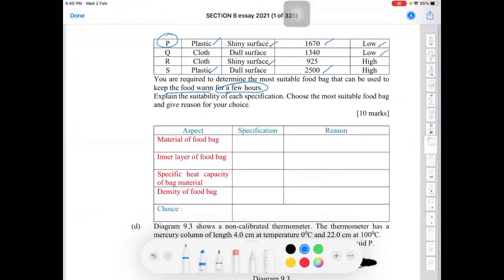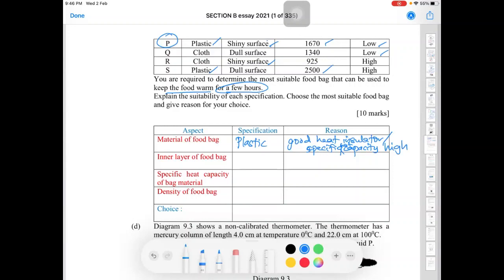So material of the food is plastic. Okay, plastic, good heat insulator. Ataupun you can also tulis C big, the specific heat capacity high. Specific heat capacity. Oh cikgu lupa kat sini heat capacity is high.